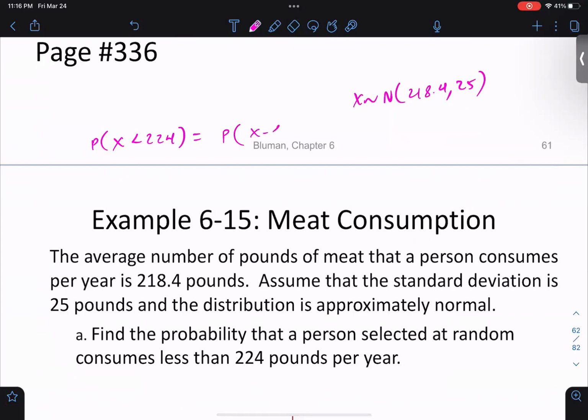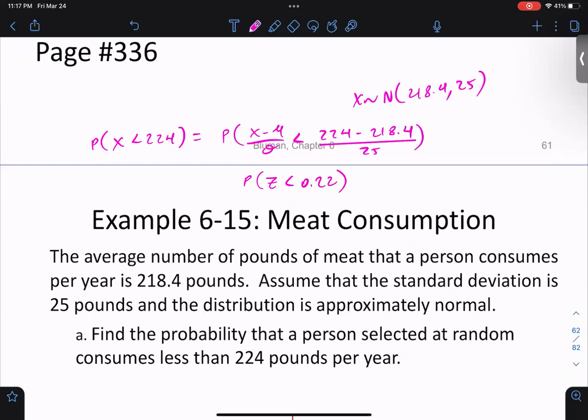So I just need to do the old formula: 224 minus 218.4 over sigma, which is 25. Once I find that, I find my area and I'm done. I get 0.22.